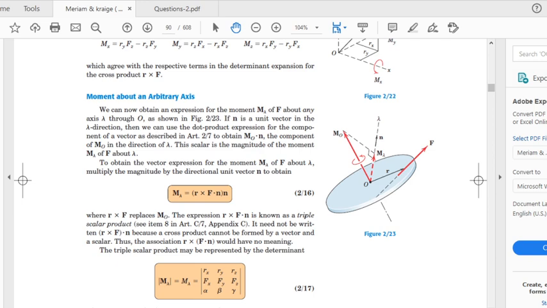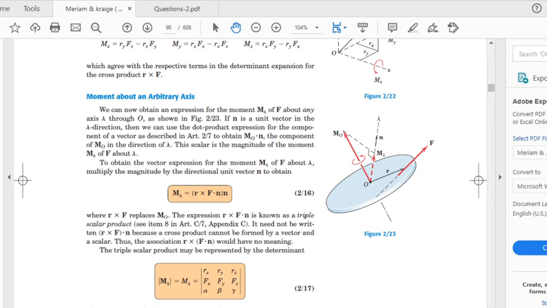The procedure is that we first take moment about any convenient point on that line, any point which is known to us. So we take any point O, which is a known point on this line, and then we take the moment produced by the force about this point.